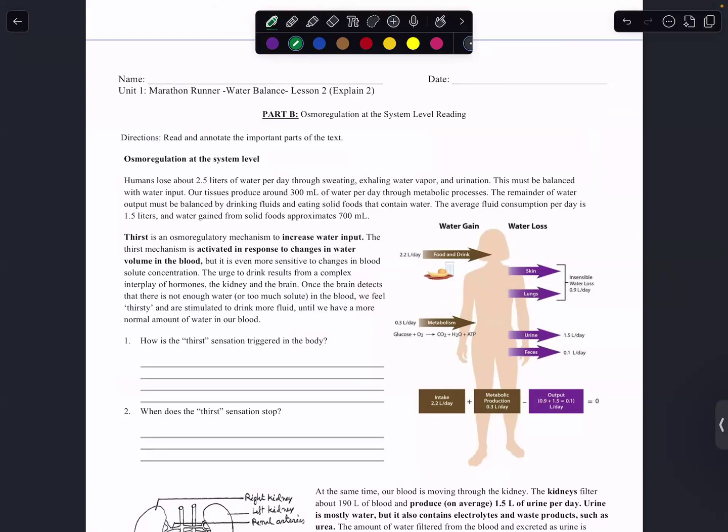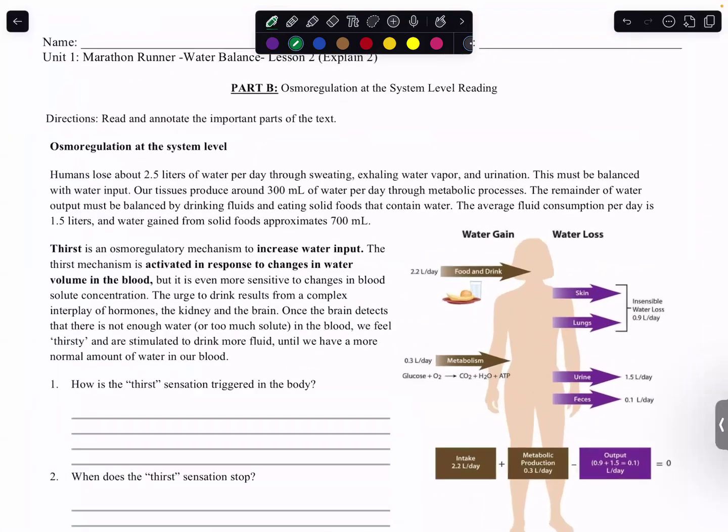Osmoregulation at the system level. So let's read and annotate the important parts of the text. Humans lose about 2.5 liters of water per day through sweating, exhaling water vapor, and urination, right? So there's three different ways in which we lose water.